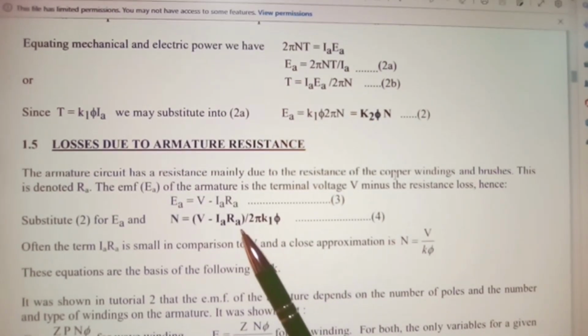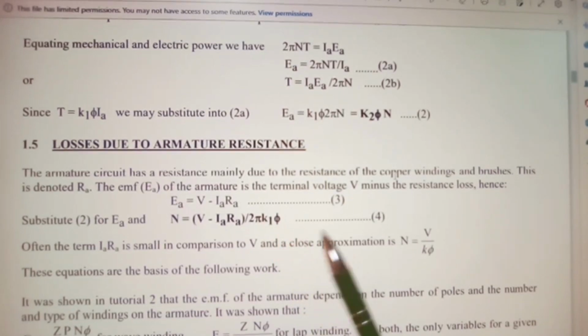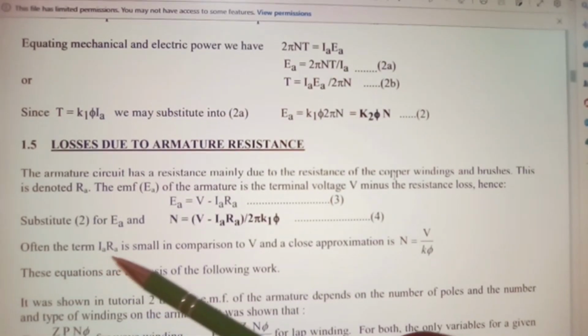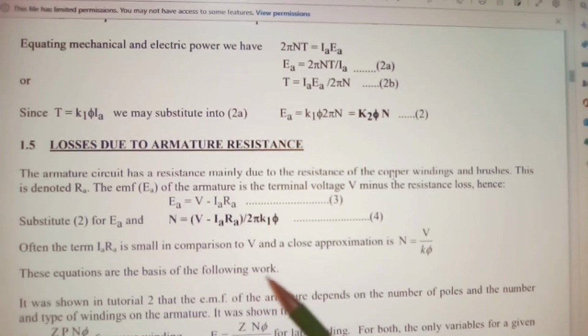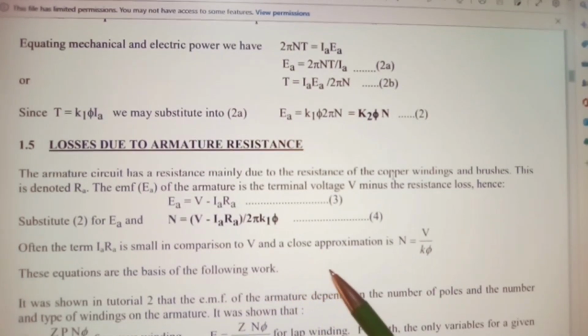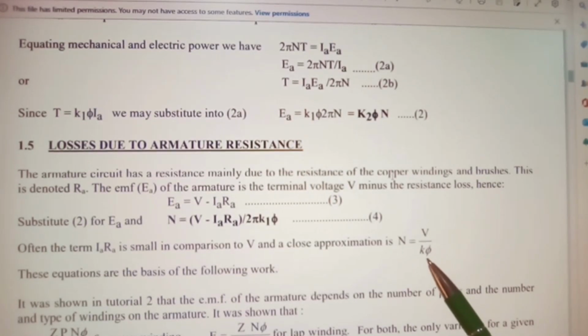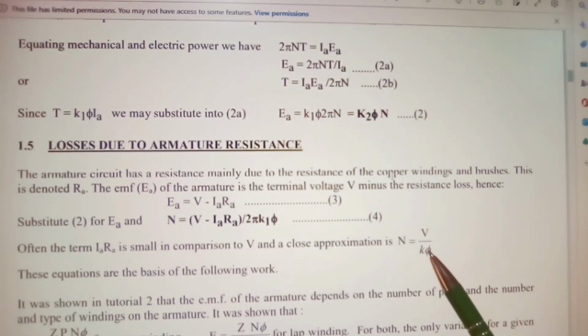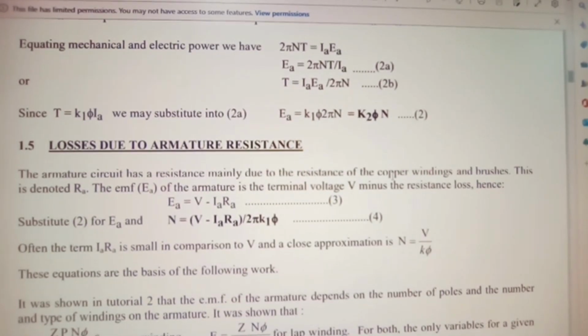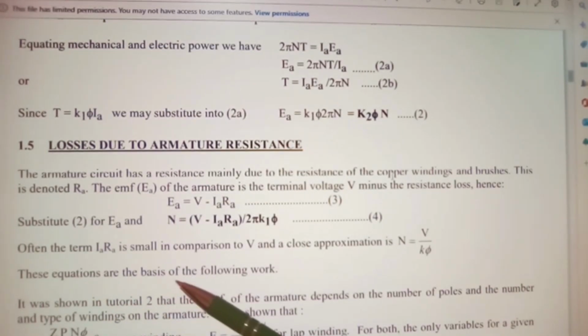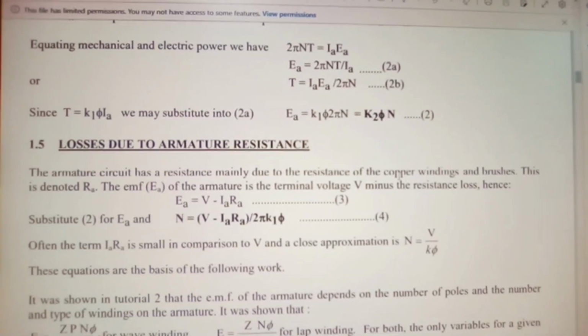But again, you will need to put in the values for yourselves, and as we move on, you'll see that we actually begin to implement these values anyway, hopefully. Often the term IA RA is small in comparison to V, and a close approximation is n equals V over K theta. I call it theta, you may call it something else. These equations are the basis of the following work.